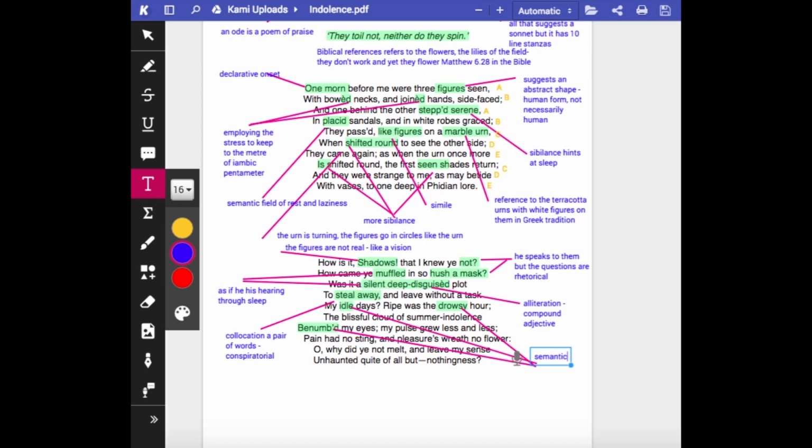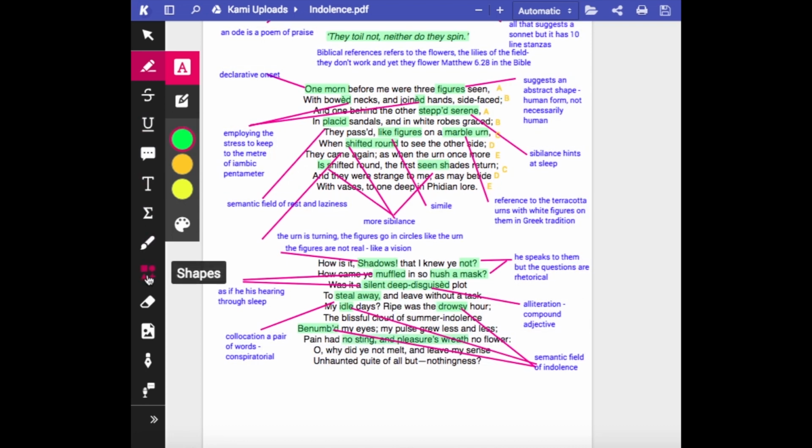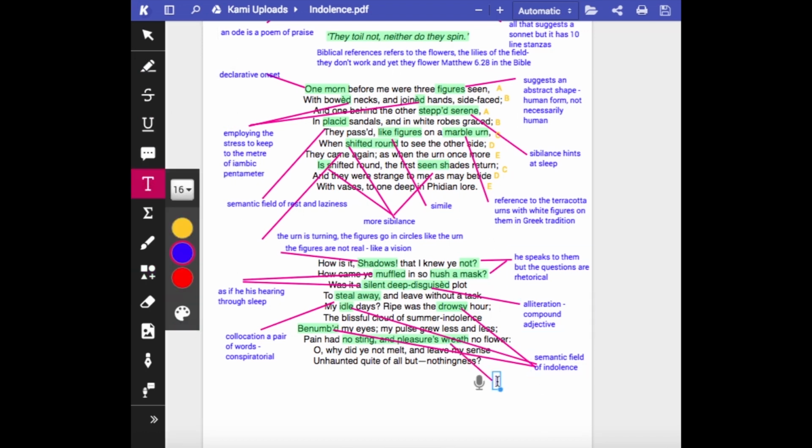And benumbed my eyes, also using the semantic field of indolence, of laziness. All of it suggesting this lazy, drowsy, numb, muffled, don't-want-to-do-anything kind of day. And that slows him down so that his pulse grew less and less. "Pain had no sting, and pleasure's wreath no flower."